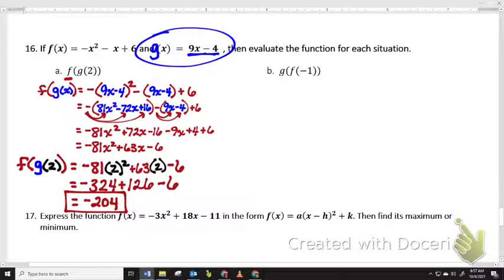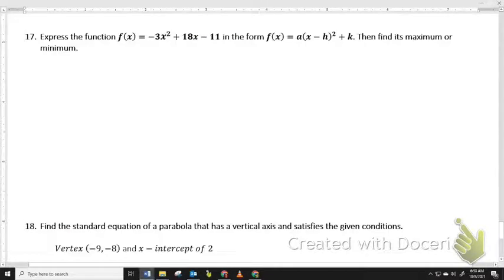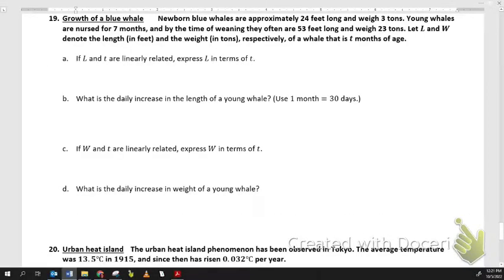What else would you guys like to see or go over? Yes, ma'am. Number 19, absolutely. Growth of a blue whale. Newborn blue whales are approximately 24 feet long and weigh 3 tons.